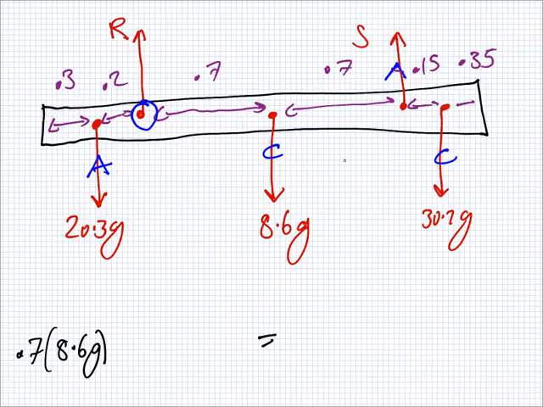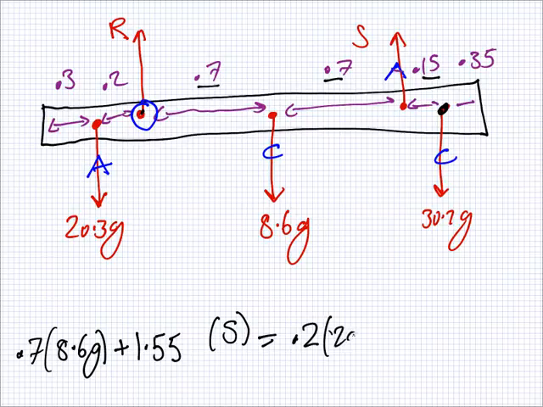The next one is plus 0.55. This plus this plus this, right, to here, times S. Now the anti-clockwise, this one here is 0.2 times 20.3 G, and then this one here is 1.4.